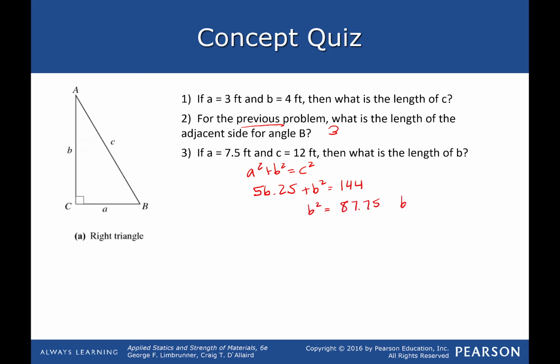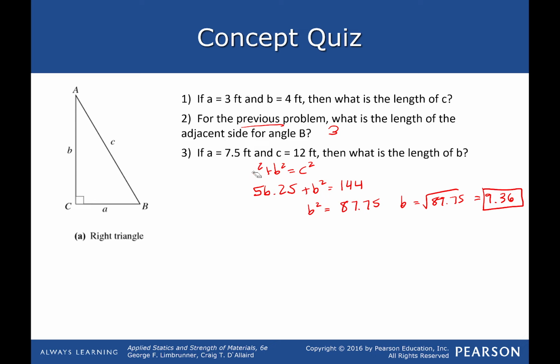And so therefore B is going to be equal to the square root of 87.75. What does that come out to be? Let's find out. Okay, it equals 9.36. Got my answer.